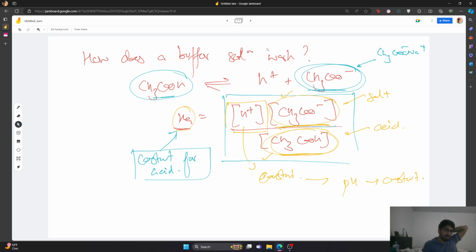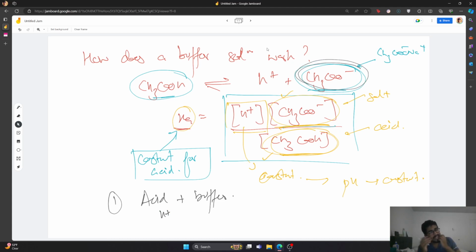So now let's try to understand it in different scenarios. Scenario one: say you add an acid to a buffer solution. The acid gives H plus. Say you have so much salt, so much of this, that a little bit of the salt can come in and consume the extra H pluses coming from outside, so as to not disturb this equilibrium. Keep this constant, and this is always a constant, so the corresponding H plus is constant.